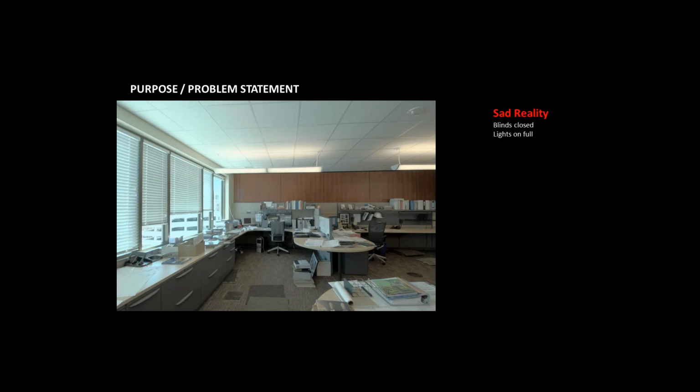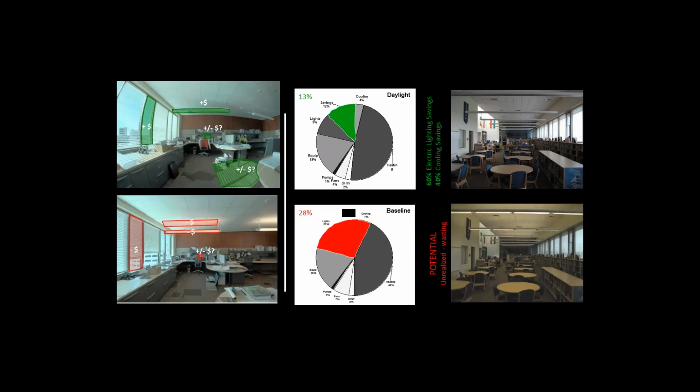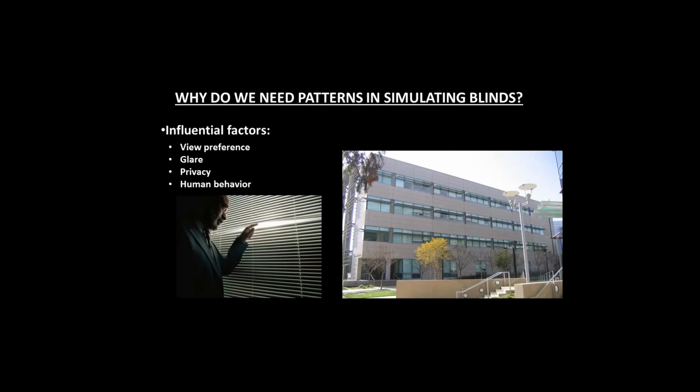That's the reason we waste 60% of electric lighting and 40% cooling savings when we let the blinds close and turn the lights on instead of using daylighting controls and changing the blinds.